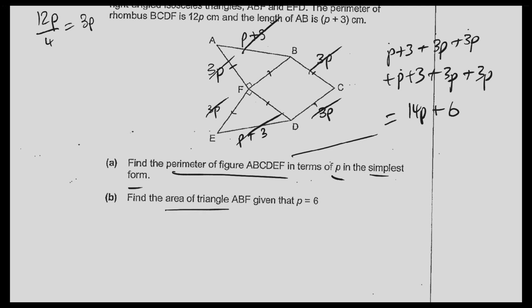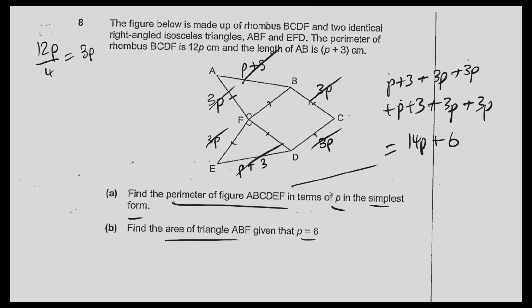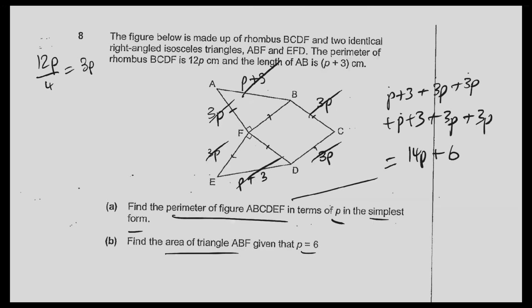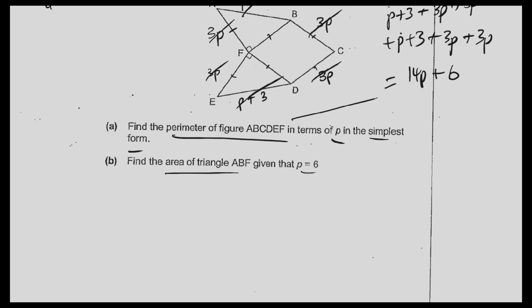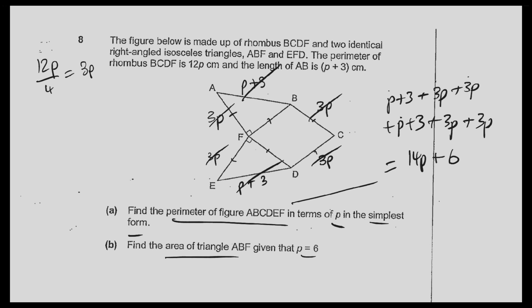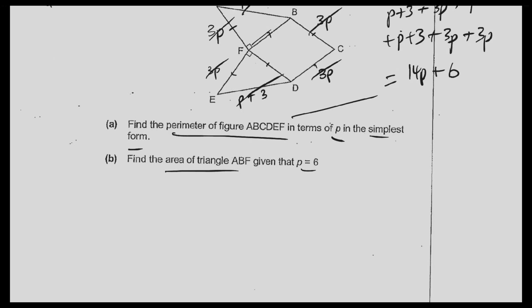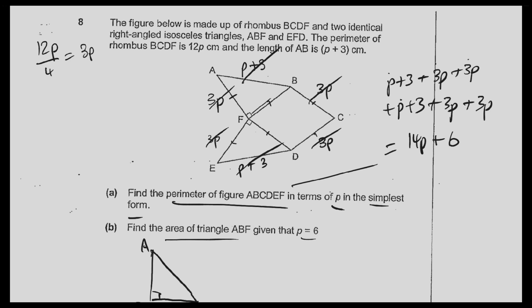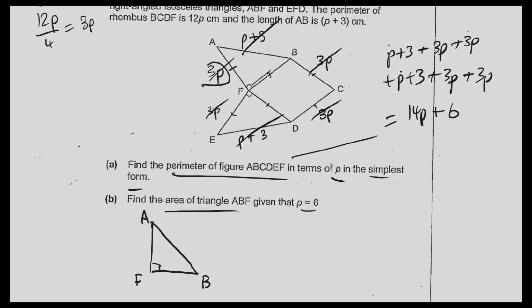And find the area of triangle ABF given that p equals 6. How do we find this particular area? We have to find its base and height. So let's let FB be the base, right? Because we immediately see that this is a right angle, which means that we can easily figure out its height. So this would be A, F, and B, right, so this is 3p.